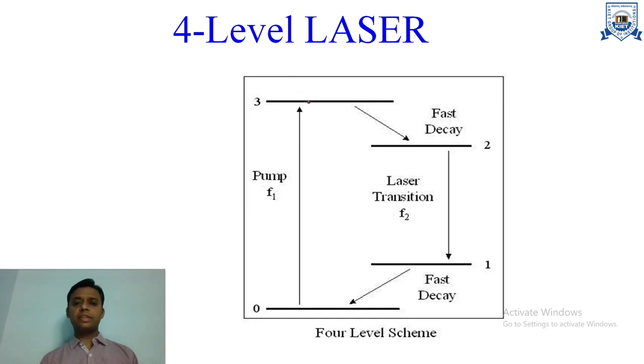So after this lifetime, they go from energy level 3 to energy level 2, the upper metastable state. So we will get population inversion between the upper metastable state 2 and the lower metastable state. There will be the laser transition between these two levels. After this laser transition, atoms come down to the ground state.